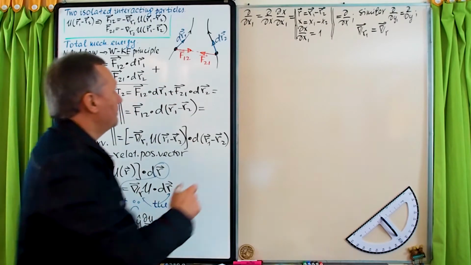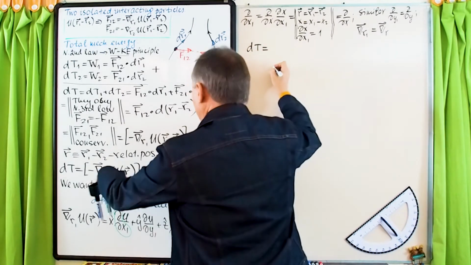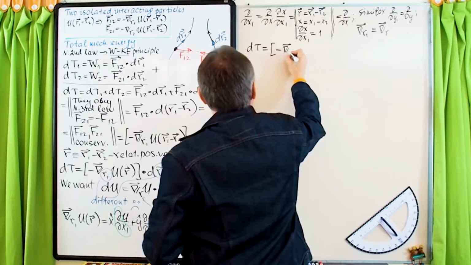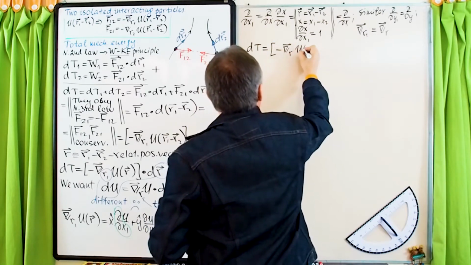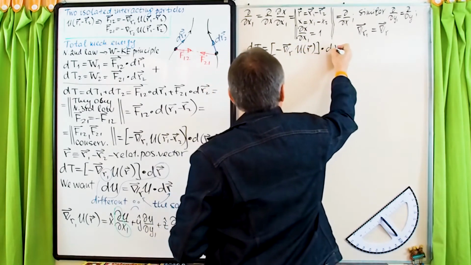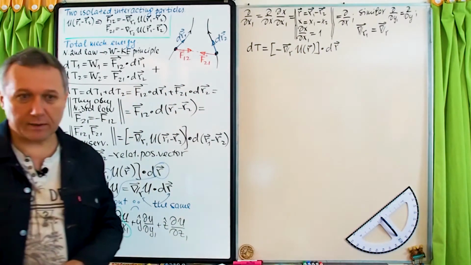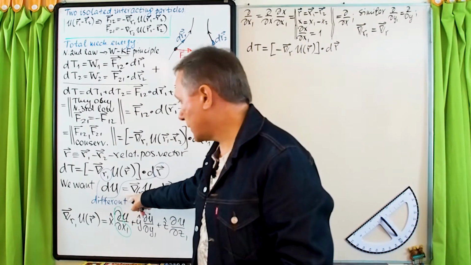dT equals minus gradient with respect to r of U as a function of r, dotted with dr. Now it's completely legal from the mathematical point of view to use that.